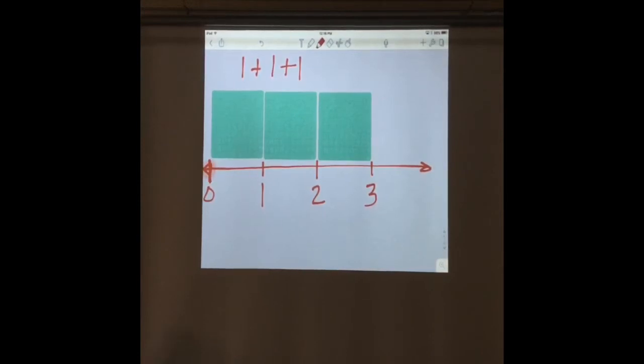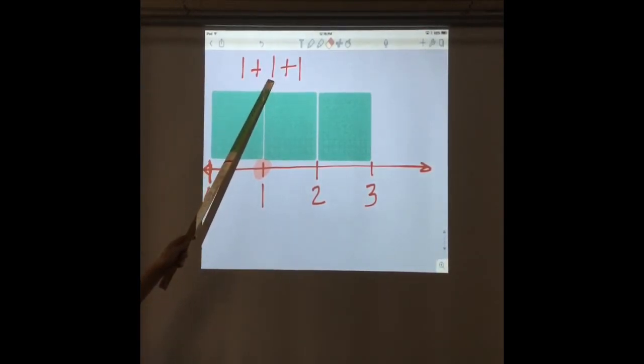Okay, so I'll put it on the 0. Now, for this one, where would it go? I'm going to move it to here, right? Because this 1 actually is right here, isn't it? Okay? So you can say, well, Mr. McGuire, do we have to put it on the 0? Not really. We could start there for our 1, right?